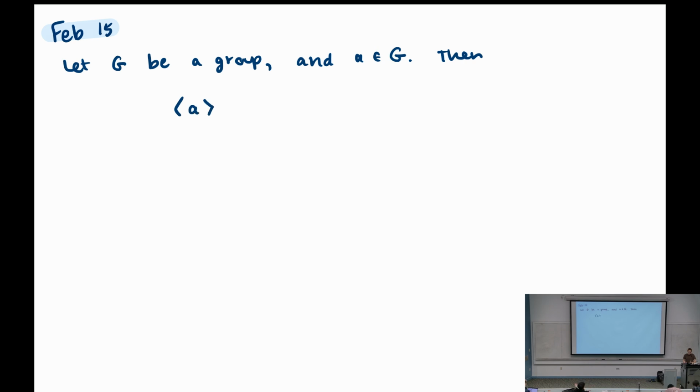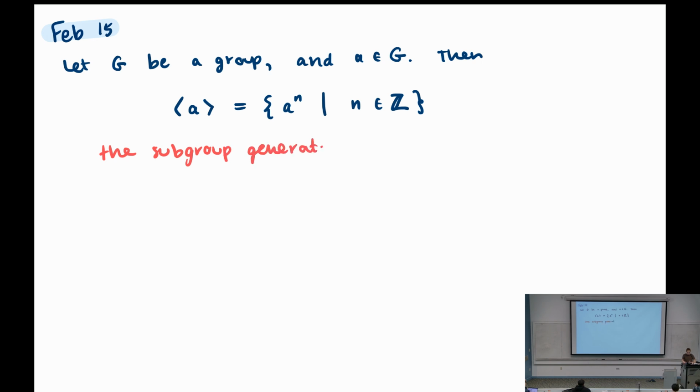If I write two brackets surrounding an element A of the group, then that will denote the set of all A to the n such that n is an integer. And this is called the subgroup generated by the element A.